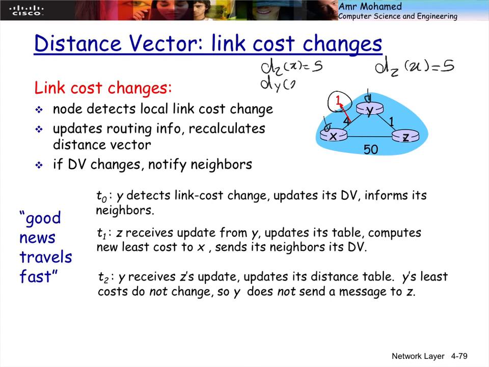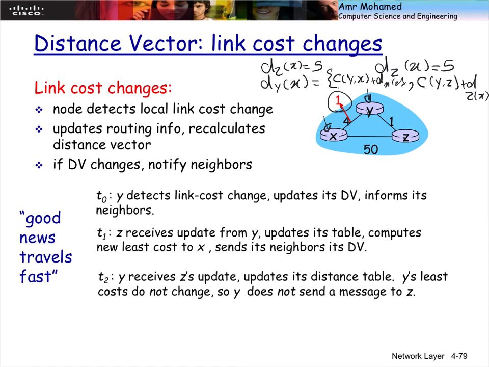But be careful with dYX. It's either the cost of Y to X plus the distance between X and X, which is 0 of course, or the cost between Y and Z plus the distance between Z and X.